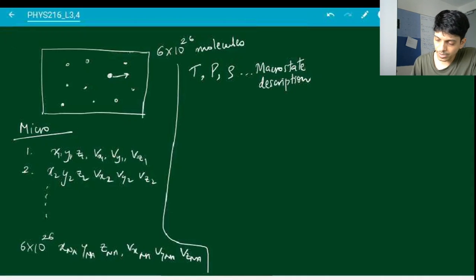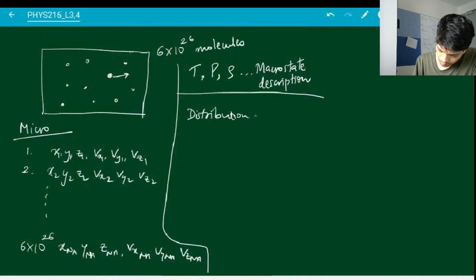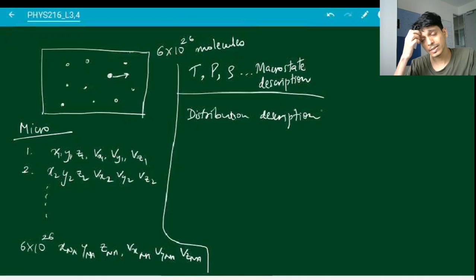And then in between the two, you can have a distribution description. I don't know if you've studied in your 12th standard something called the Maxwell-Boltzmann velocity distribution.